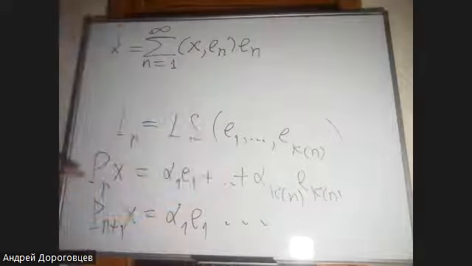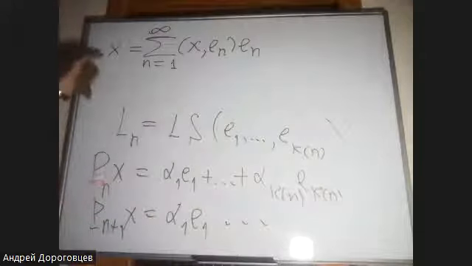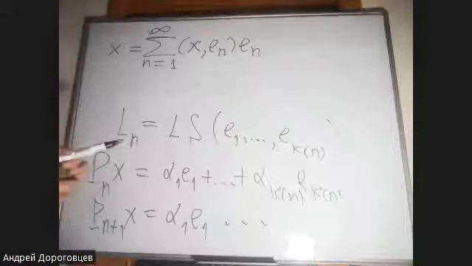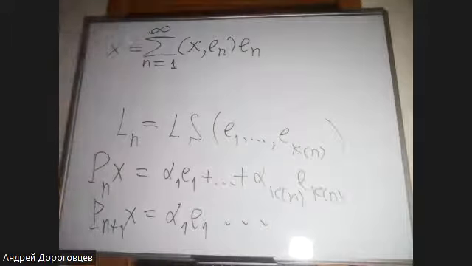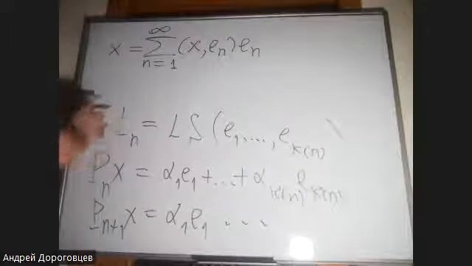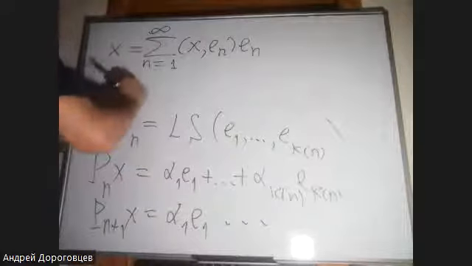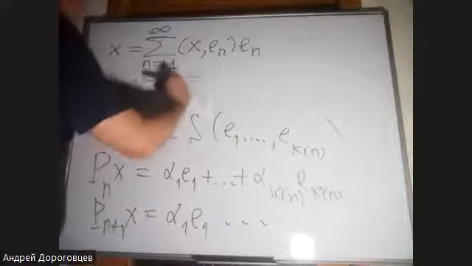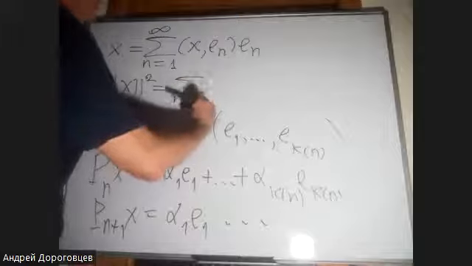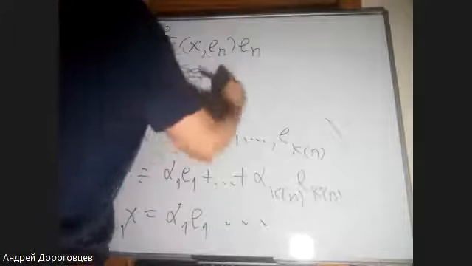Due to the properties that P_n x approximates x, this sum converges in our space H. Finally, we have the equality: norm of x squared is equal to the sum from n equal 1 to infinity, which is called Parseval identity.